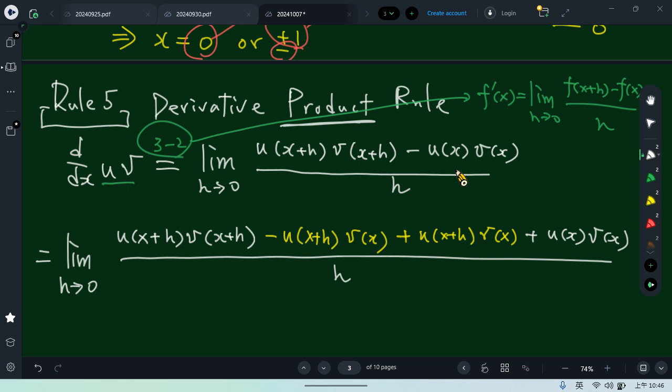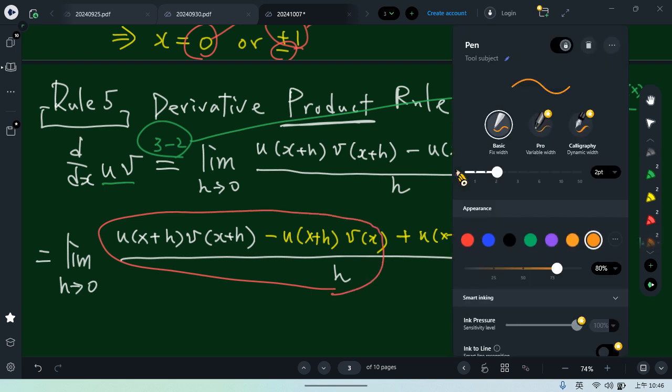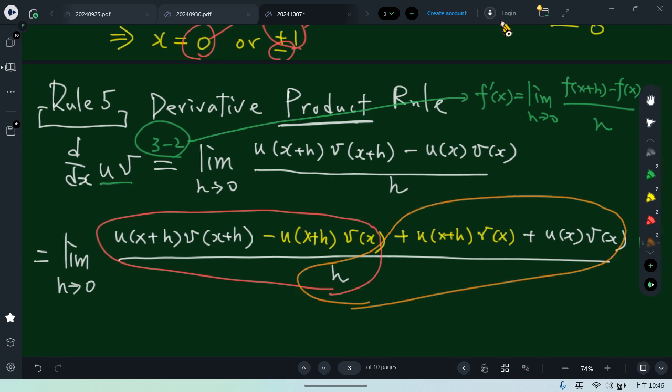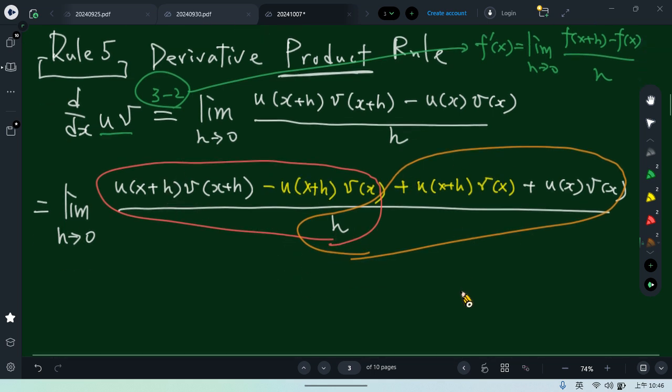With this, we can put this together and put this together. Don't forget that at this moment we are facing the operation of getting the limit, so we can still apply the limit rules for these two parts. We can separate them into this red part and also this original part.